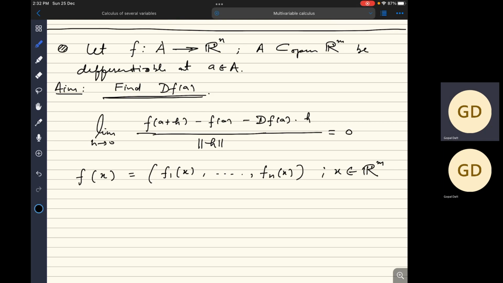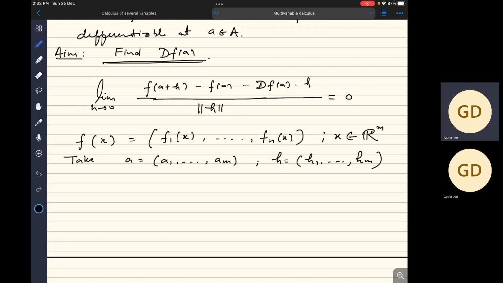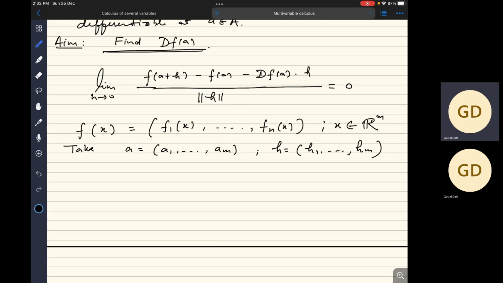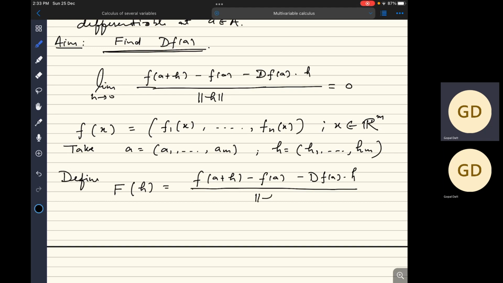Now assume a equal to (a1, ..., am), take h equal to (h1, ..., hm), and consider or define F of h equal to f(a+h) minus f(a) minus Df a dot h, divided by norm h.